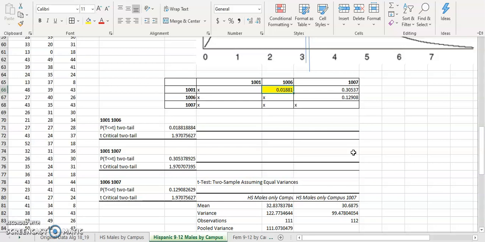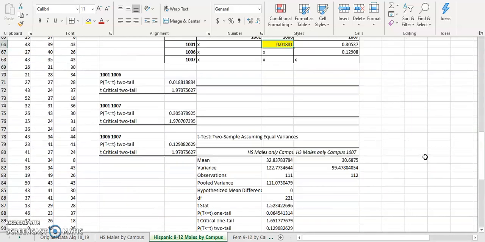And so I would go back, accepting my alternate hypothesis and rejecting the null, and I would do further research on campus 1001 and 1006 to really pull out the significant differences between those two campuses. And that's it.